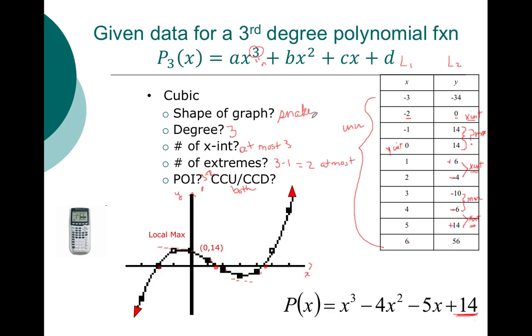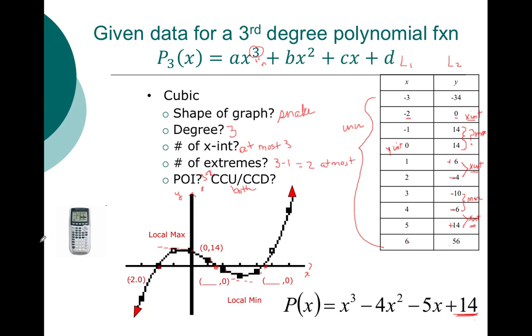There's no more turning points, right? Because I can only have at most 2 turning points. And I've got 2. There's the local min. I know because of the data, one of my x-intercepts is, oh, that should say -2, shouldn't it? (-2, 0). I don't know these other 2 x-intercepts, but I know their y-coordinate is 0.